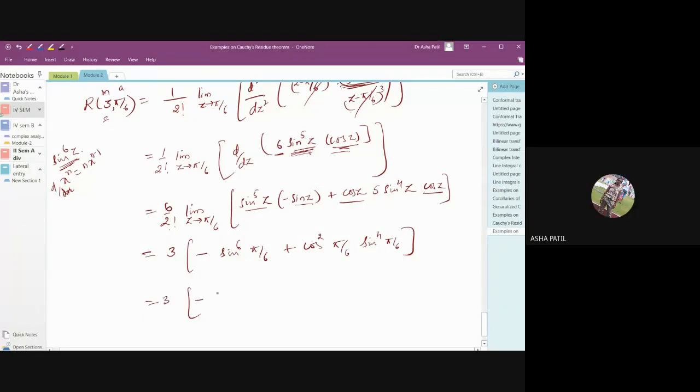So that means you get 1 by 2 raised to 6. And again you have here sin pi by 6, which is 1 by 2 raised to 4. Then the cos pi by 6 value. Is it root 3 by 2? Cos 30 is root 3 by 2. Simplify it. See what the answer is.